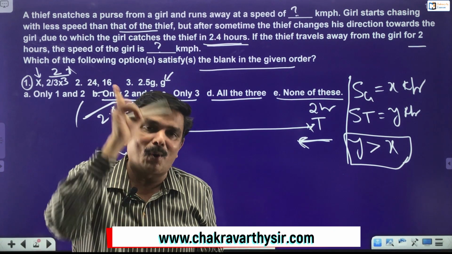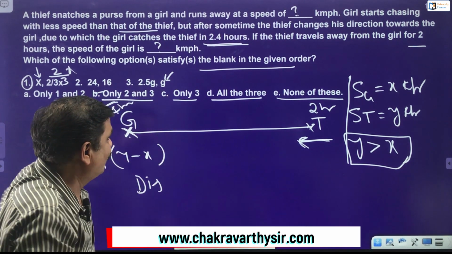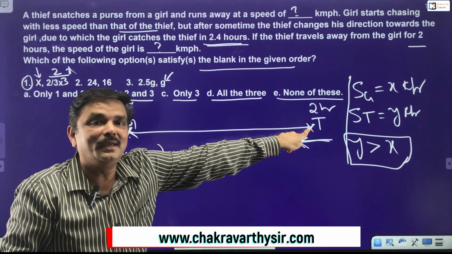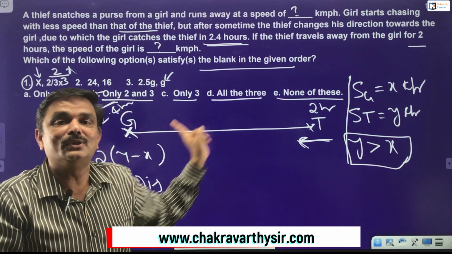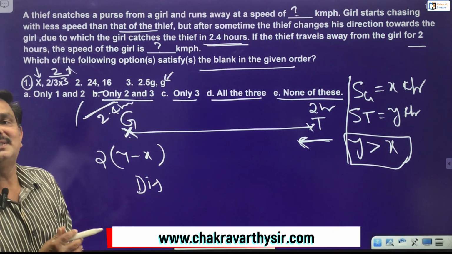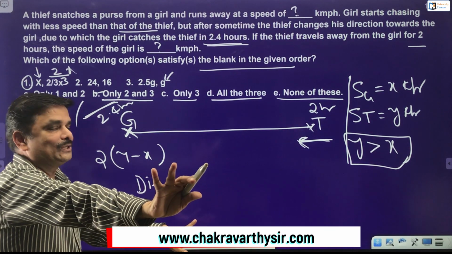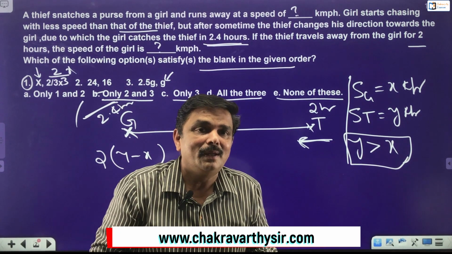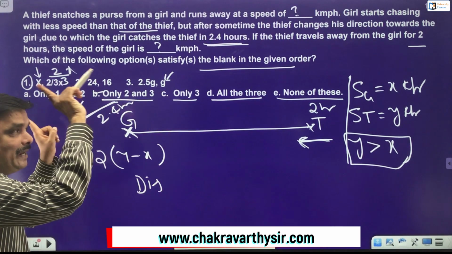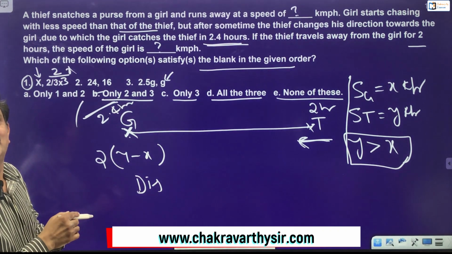Very, very important technique. While going also, when he took 2 hours, he went here, and he is turning back to the girl. That means the lead distance is the same. Now he is coming towards her. In this case, what happens, students? Same thing: distance is equal to speed into time. Now here the speed becomes the relative speed.